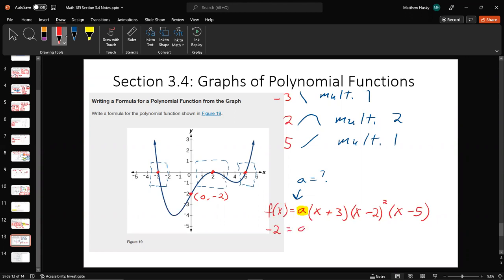You'll have some a that I don't know. And this will be 0 plus 3 times 0 minus 2 squared, and then times 0 minus 5. Now we can work out a lot of these numbers. This is going to be 3, this is going to be -2 squared, and that'll be -5.